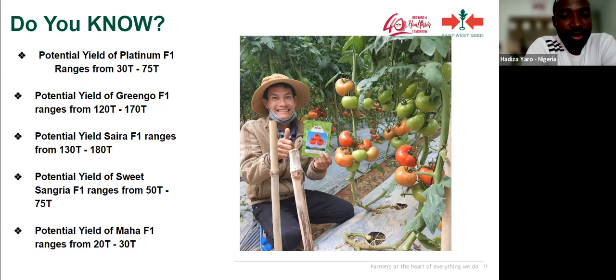But looking at the demand in the dry season, and most farmers withdrawing from the production because of the challenges, we give all our farmers that we key into this a hedge in having a good profit.